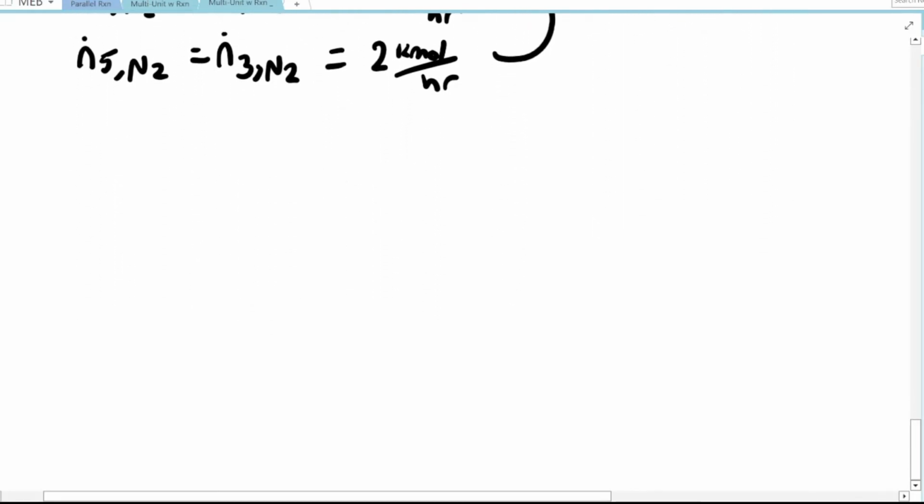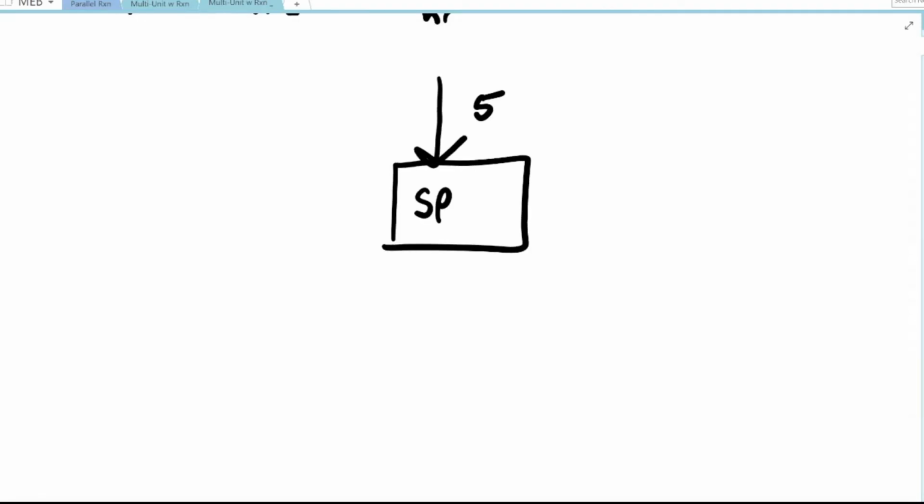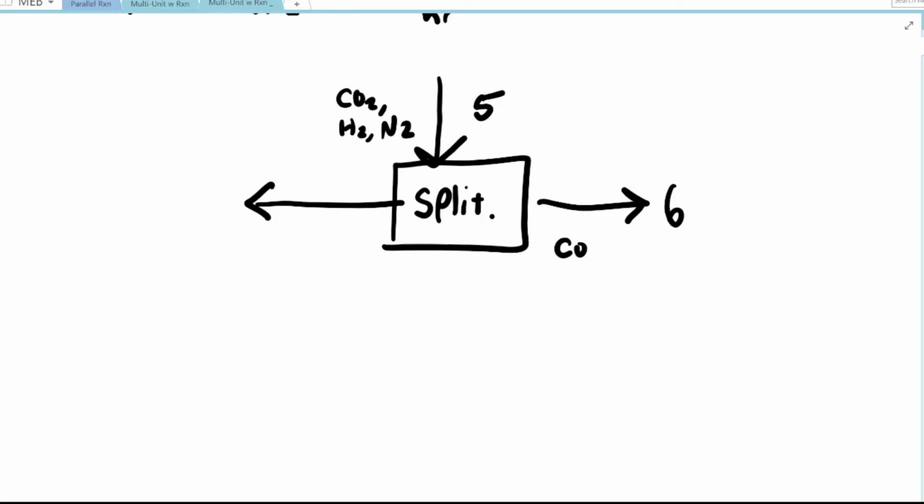From here, we'll move forward towards the splitter, and I'm going to redraw it over here. So we've got stream 5, we've got our splitter, and we've got stream 6 and stream 7. So we've got CO2, H2, N2, and same thing in stream 6, and in stream 7.